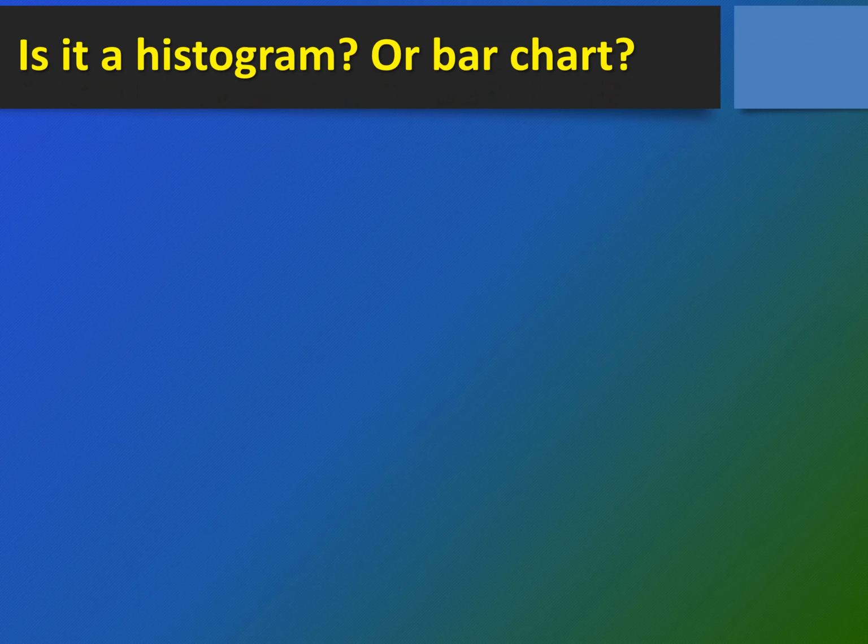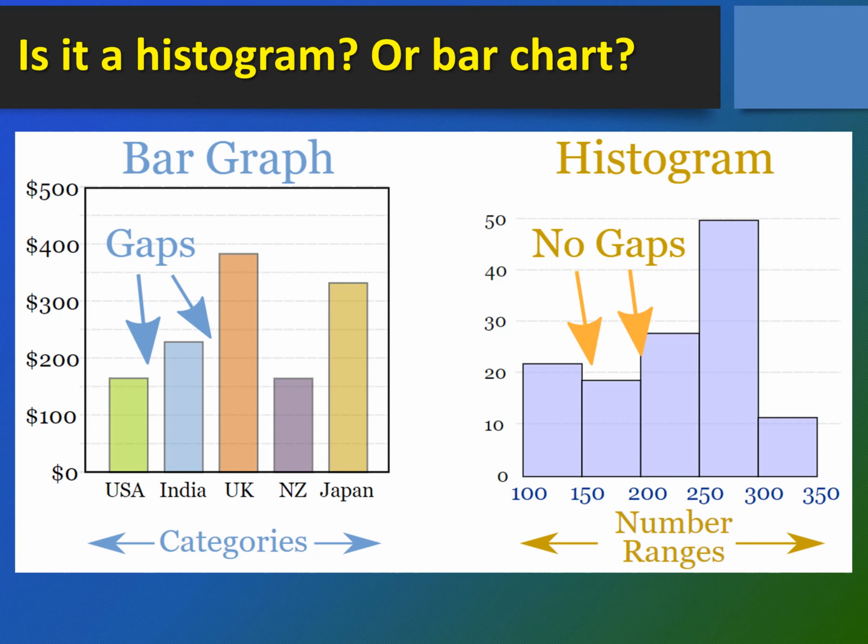When we're looking at two things, a lot of people get confused with histograms and bar charts. What's the difference? Here you see a bar chart on the left and a histogram on the right. Both of them are going to have values along the y-axis, but in a bar graph, those are either going to be frequencies or totals.